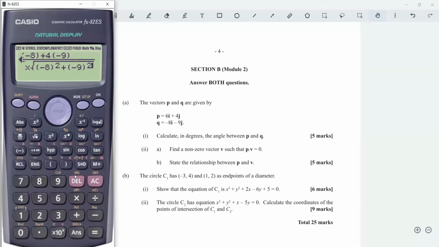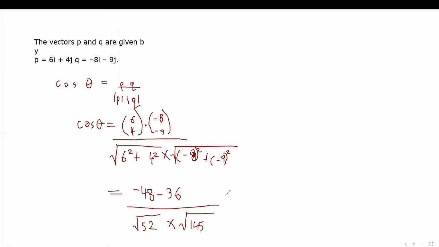Guys, you realize our calculator is smart, you can put everything in a calculator. This worked out to be negative 0.967.